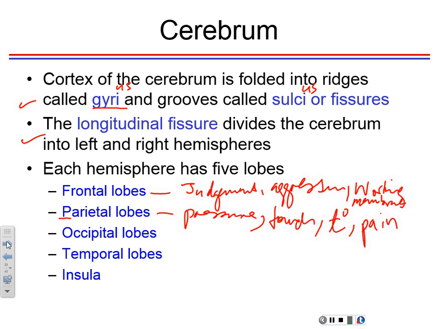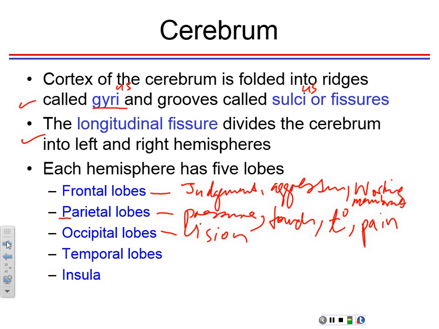Sometimes I do say, list the lobes of the cerebrum and what their functions are, one or two functions. And the occipital, under the occipital bone at the back, deals with vision. And I will repeat this again later on.